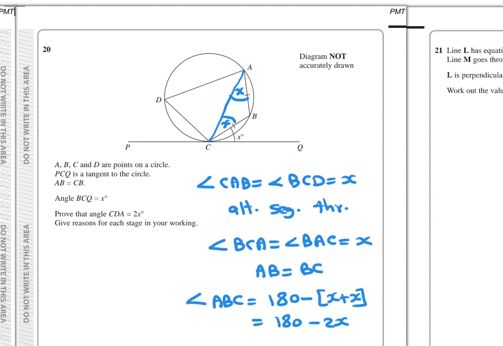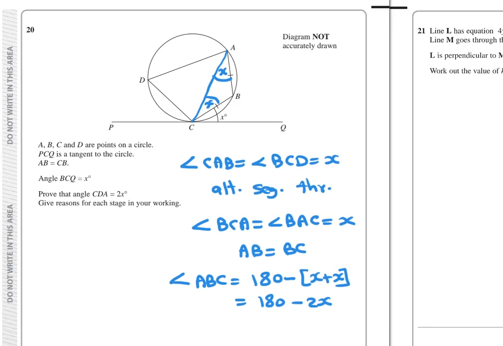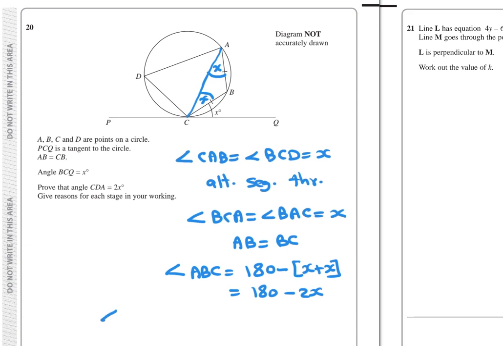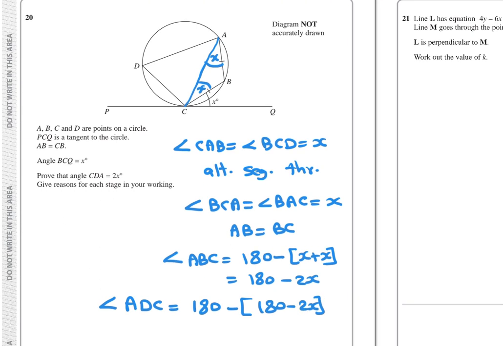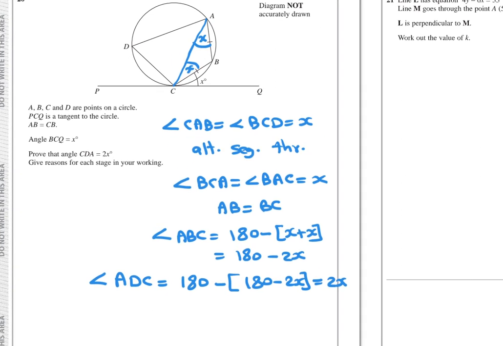So if angle ABC equals 180 minus 2x, then angle ADC equals 180 minus (180 minus 2x), which equals 2x, because ABCD is a cyclic quadrilateral.